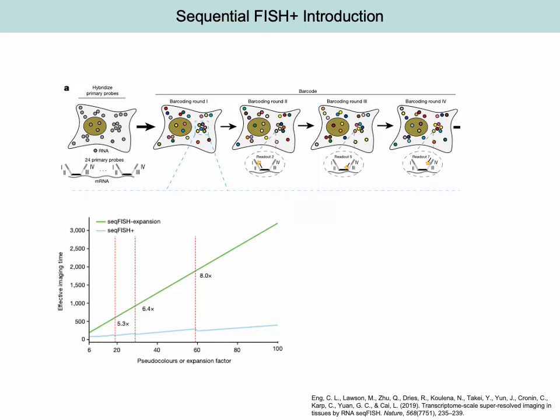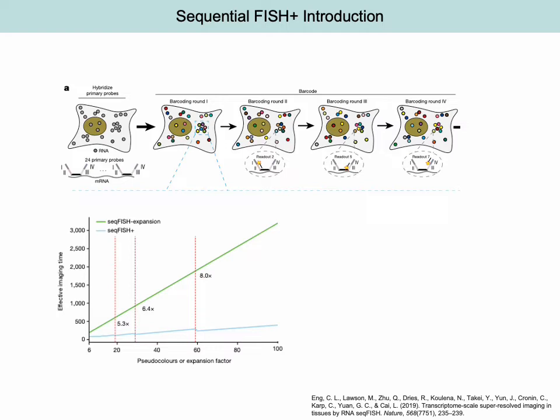So there are 10,000s of dots per cell depending on the cell types. So the optical crowding issue actually prevents this technology from being applied to the mRNA or the DNA levels.